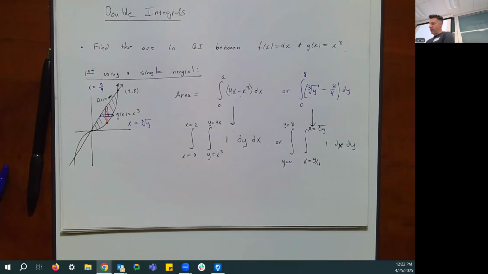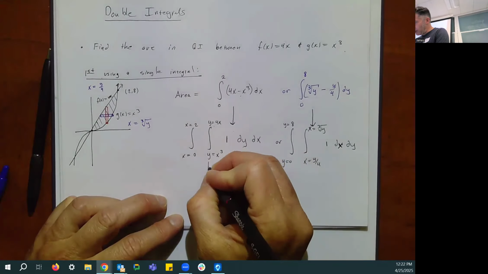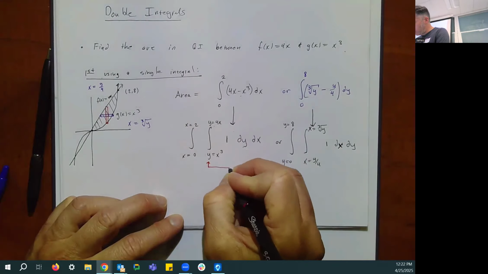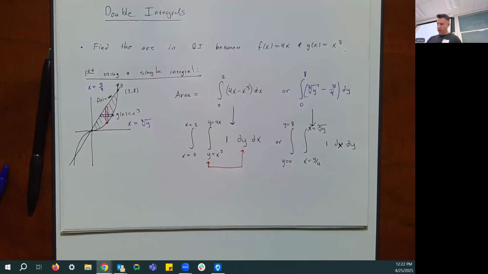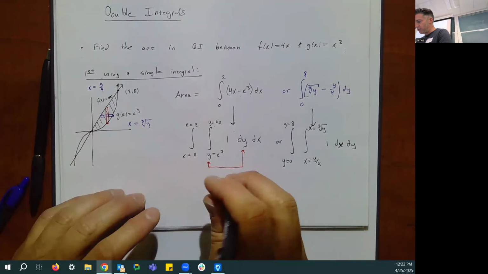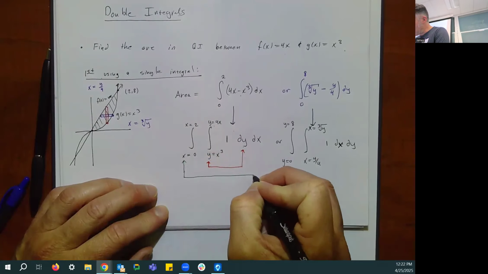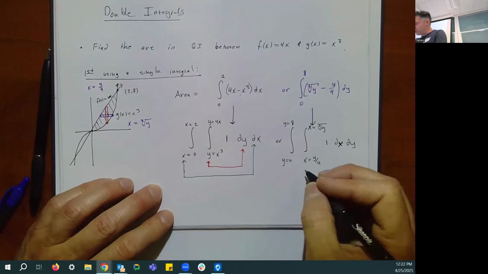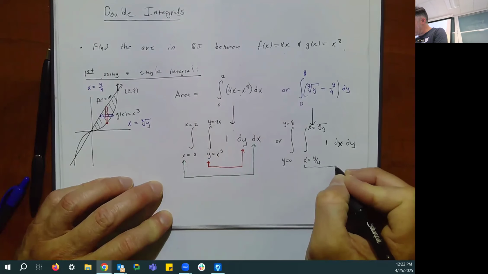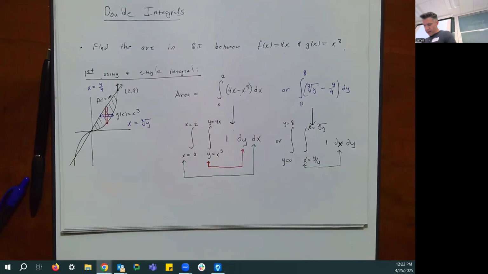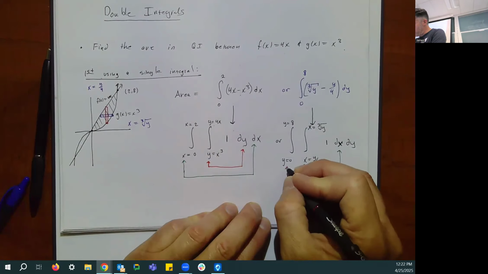I always think of it as the inner thing, you get y equals paired with dy. The outer parts, you get x equals something paired with dx. Or vice versa, if you've done it this way. Here, the inner ones are x equals paired with dx, and the outer things are y equals paired with dy.